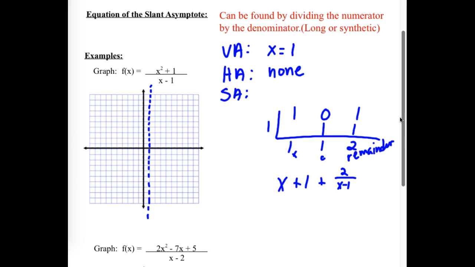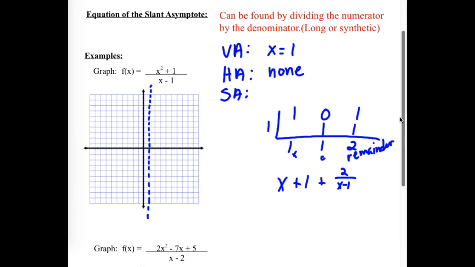Now, asymptotes are lines that your graph approaches as you move away from the origin, right? As you go towards negative or positive infinity for x. What happens to this remainder as x gets really, really huge? If x is at infinity, infinity minus 1 is still a pretty big number, right? Okay? And 2 divided by a really big number is really small.